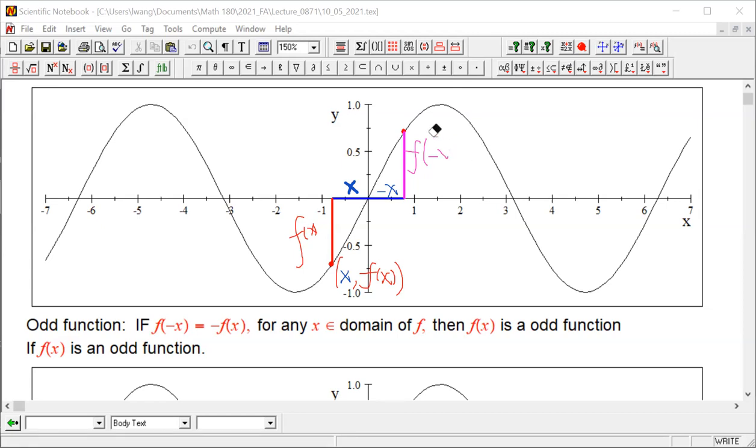And this point is negative x, f of negative x. Because of the assumption I made, this is x, this is negative x, and that's f of x, and these are the markings. So they're all connected based on the same assumption. We make that notation. They're consistent because each point is input, output. This point is input, output. Do you guys follow me?